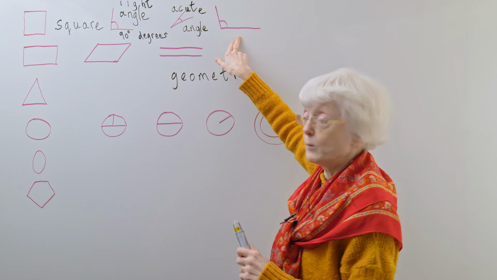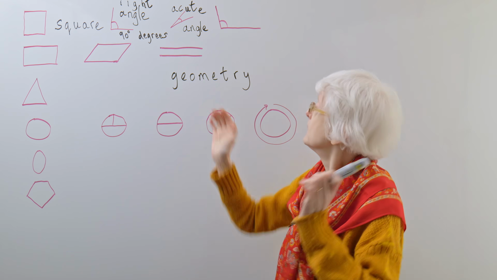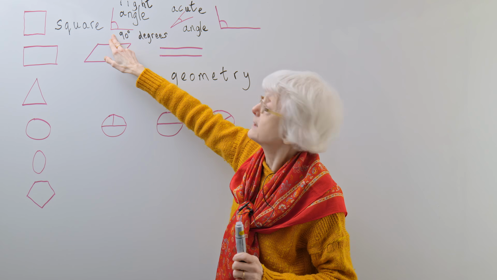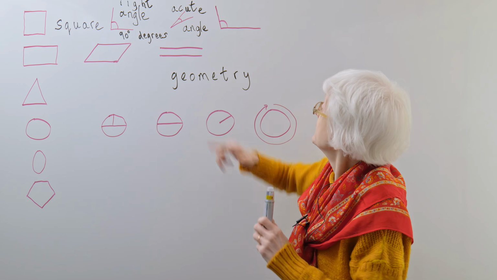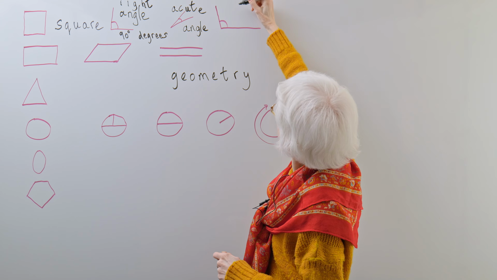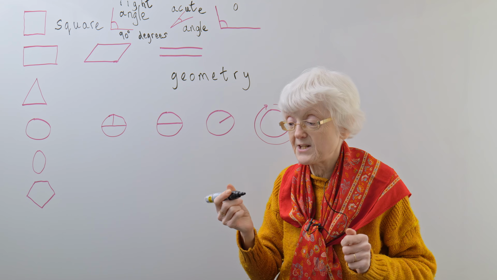Okay, and then we have the opposite here. This is a much wider angle. It's more than this one. It's more than a right angle, so it's more than 90 degrees. So that's the opposite of an acute angle. So it begins with an O. I don't know if you can think of it.